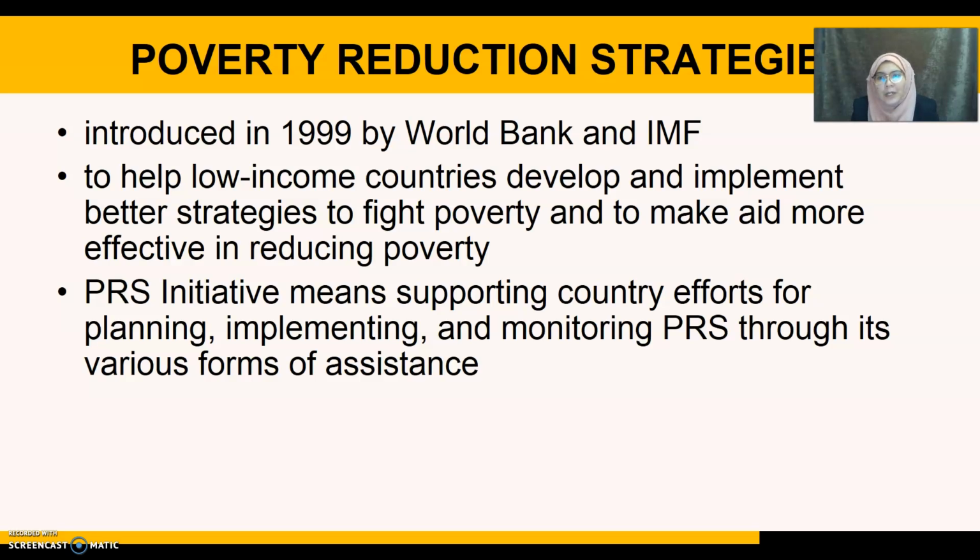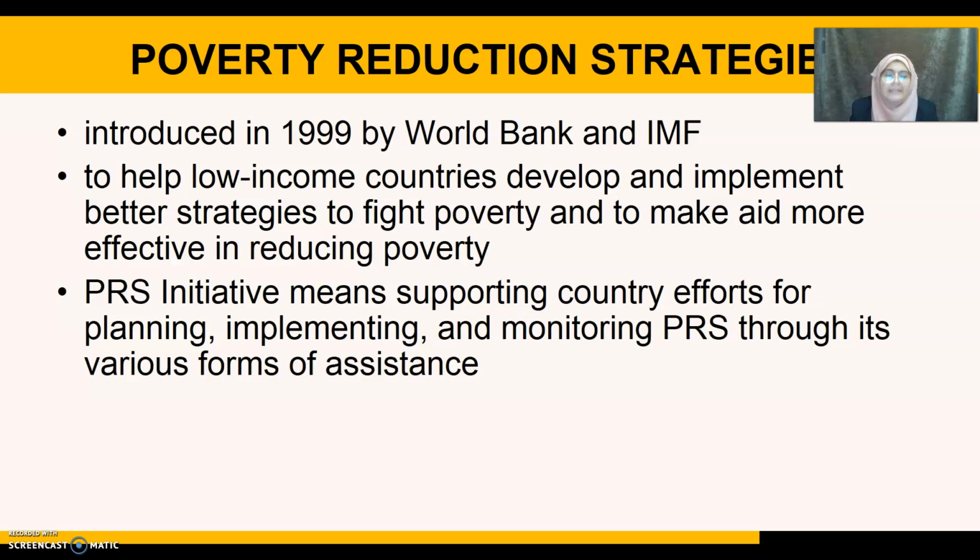Okay, when we talk about PRS, the poverty reduction strategy, this PRS was introduced by the World Bank and also by the IMF. This strategy was developed to help low-income countries, developed countries and developing countries, to implement better strategies to fight poverty and to be more effective in how they can reduce poverty in those countries.